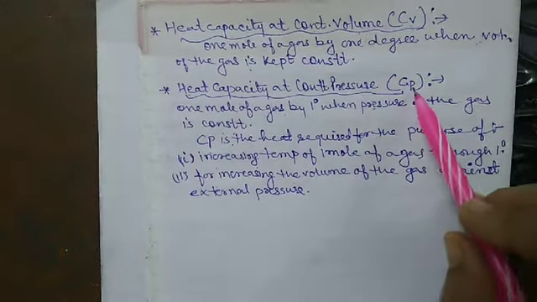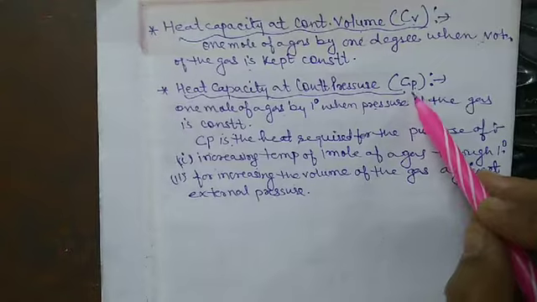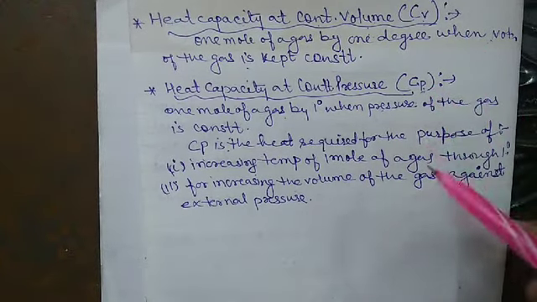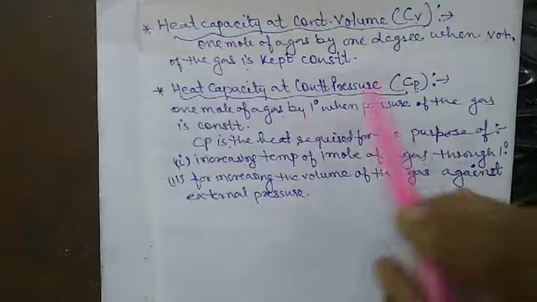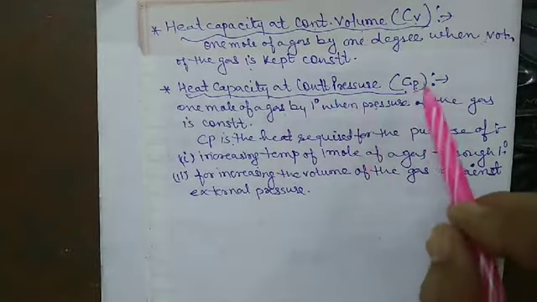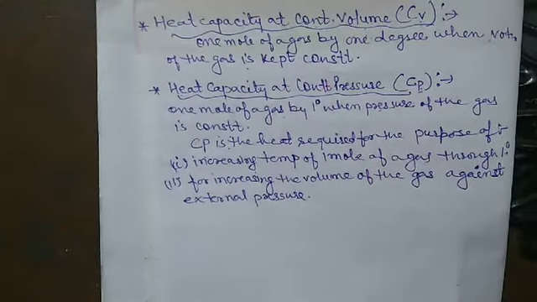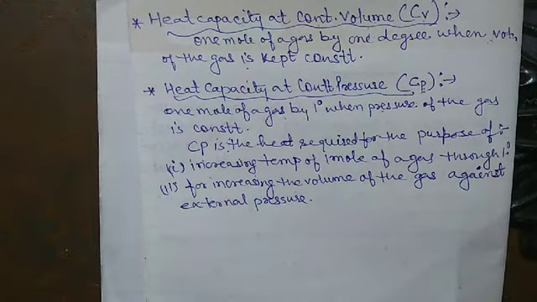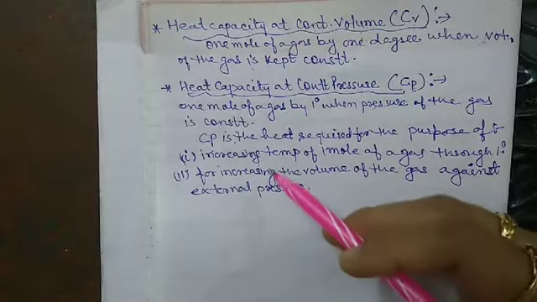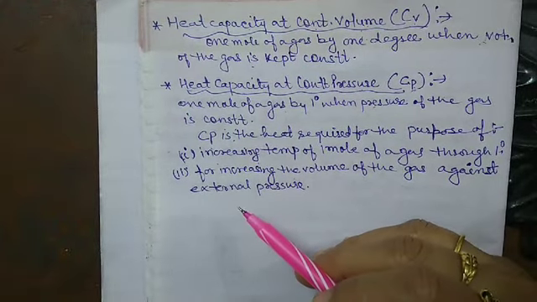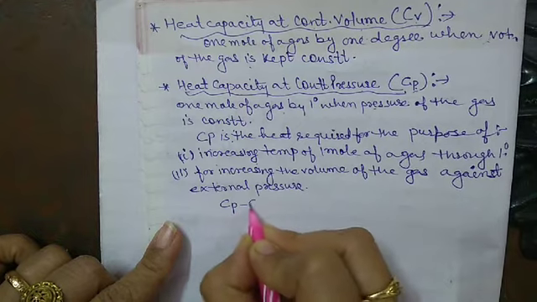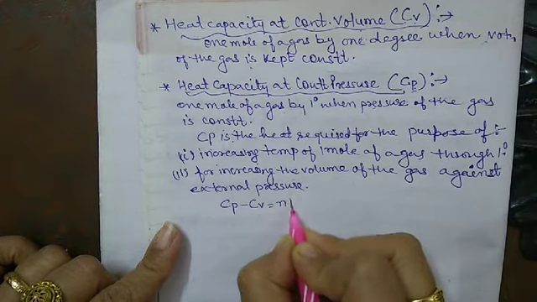So this is the Cp and this one is the Cv. Cp, the heat capacity at constant pressure, and Cv, the heat capacity at constant volume, are related to each other by the expression Cp minus Cv is equal to nR.